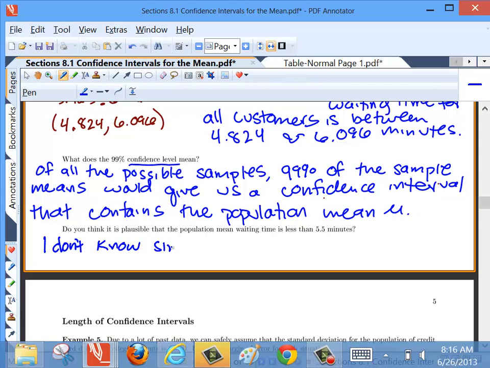Since some values in the confidence interval are less than 5.5, but some are greater than.